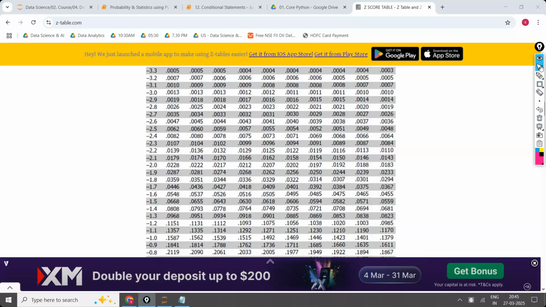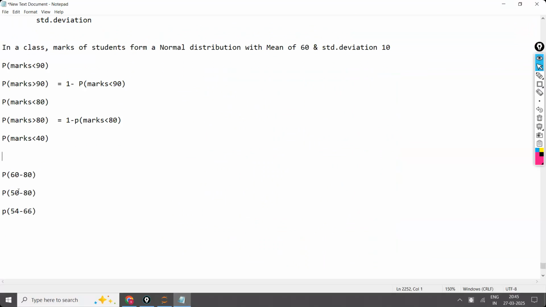X greater than 80, and 60 to 80, these questions will also be covered. Greater than 80 is clear now. Greater than 80 means 1 minus this one. Now let's move on to the next example, that is 60 to 80. Let us see how to calculate 60 to 80.